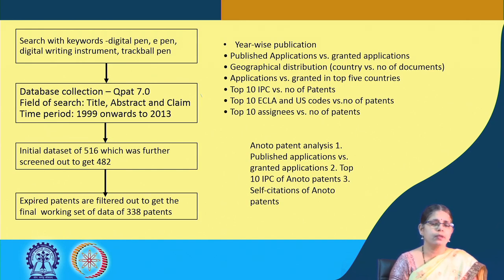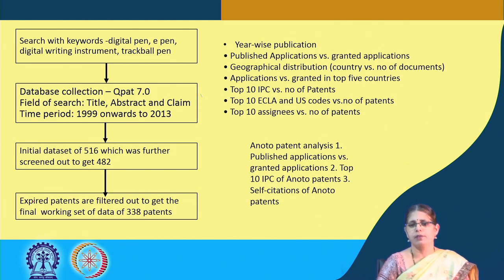One can at that stage download the entire information into an Excel sheet and then use the option of filtering the patents as per the category that is required. Now, in this case, those which are irrelevant to the area of digital pen are screened out and another pooled set of 482 patents is obtained.